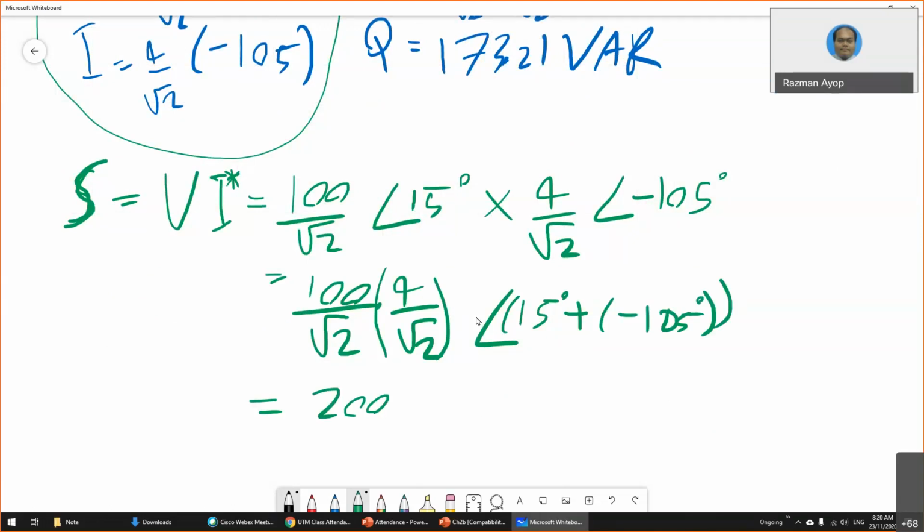So this one is 200, angle 90 degrees, right? Let me check first. Doctor, conjugate, right? Yes, for the conjugate, make sure you change this. If the value is negative, make sure you change it to positive. So this one is 15 plus 105, 120 degrees. So use your calculator.